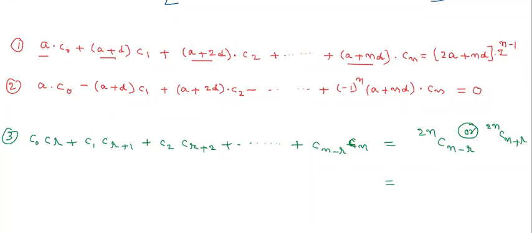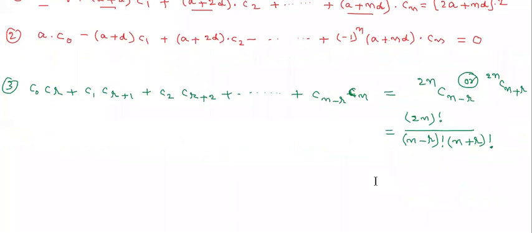Now, 2nCn minus R, expand the formula by using NCR formula. N factorial by n minus R factorial like that. So denominator, you will get n minus R factorial into n plus R factorial. This is the statement. This is also long answer in IPA.